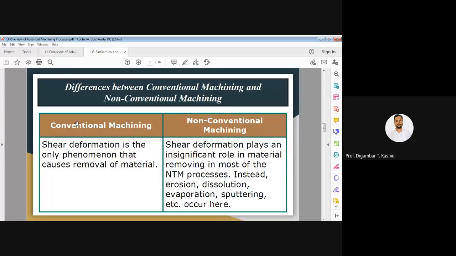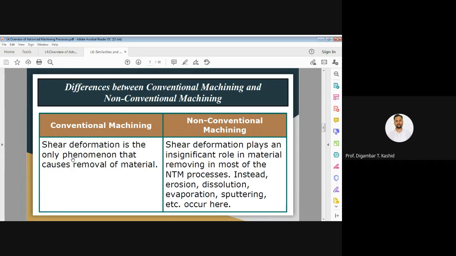In conventional machining, normal shear deformation is the only phenomenon that causes the removal of the material. Please remember this.